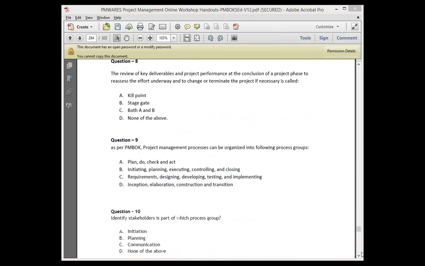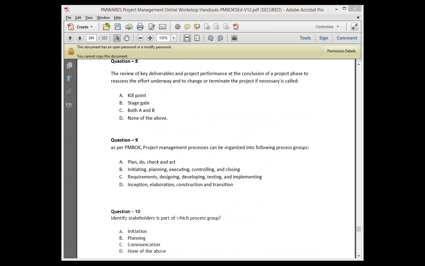Question number 9. Sorry, 9 is done. Sorry, question number 10. A, B. Identify stakeholder is a part of initiation.